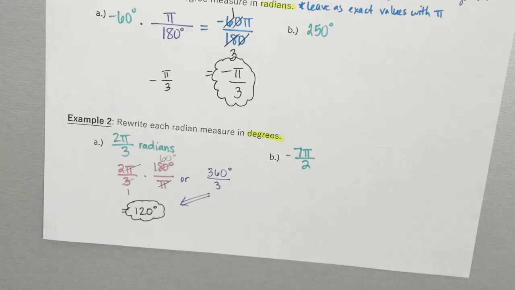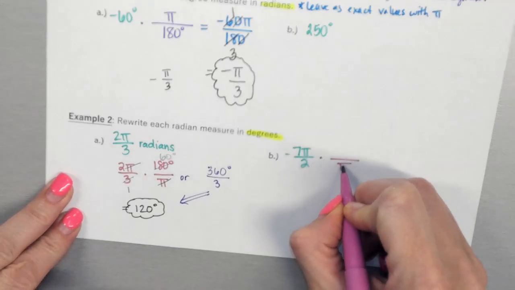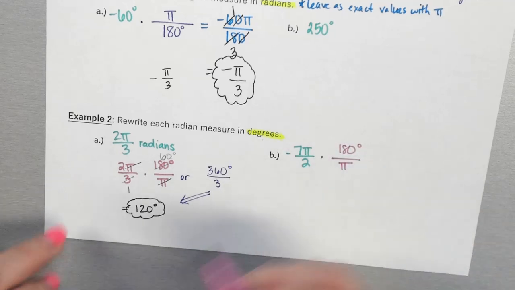I'm going to show you what my radius is. Okay, so you should be multiplying by 180 over pi.